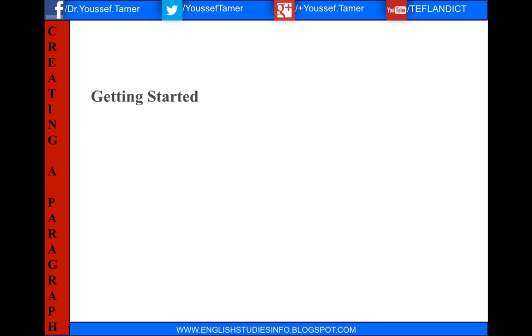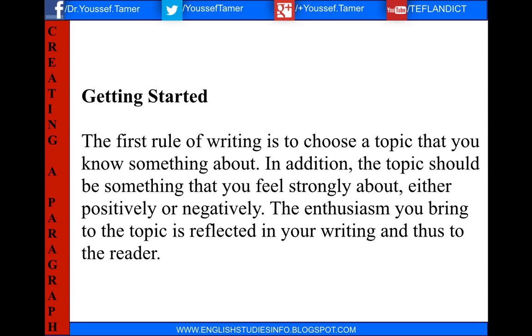So, getting started, the first rule of writing is to choose a topic that you know something about. For example, if teachers give you 4 or 5 or whatever, how many topics, try to choose the one that you know something about, or you know too much about, if that's the case. Right? So, try to choose a topic that you know something about.